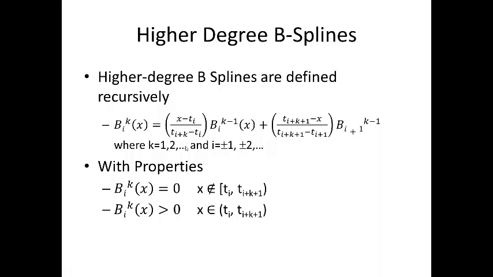And there are some properties. Basically, if you're evaluating x and it's not a member of the interval (t_i, t_(i+k+1)), then the B-spline at that point is going to be 0. Otherwise, if it is a member of that open interval, it's going to be some value that is greater than 0.